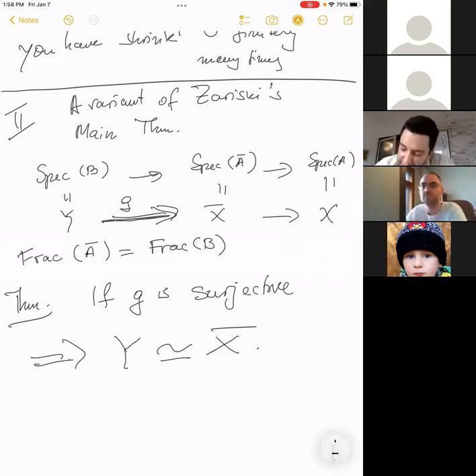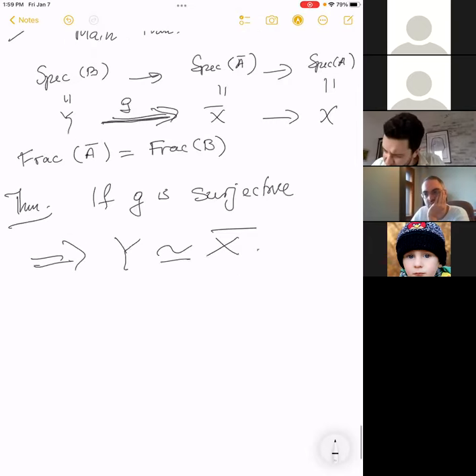So remember, in the previous case, in the absolute case, G was assumed to be bijective and birational. If it's bijective and birational, then we have an isomorphism. In this case, just the surjectivity of G yields equality of Y and X bar. Or here, the way we're going to interpret this is B is equal to A bar.